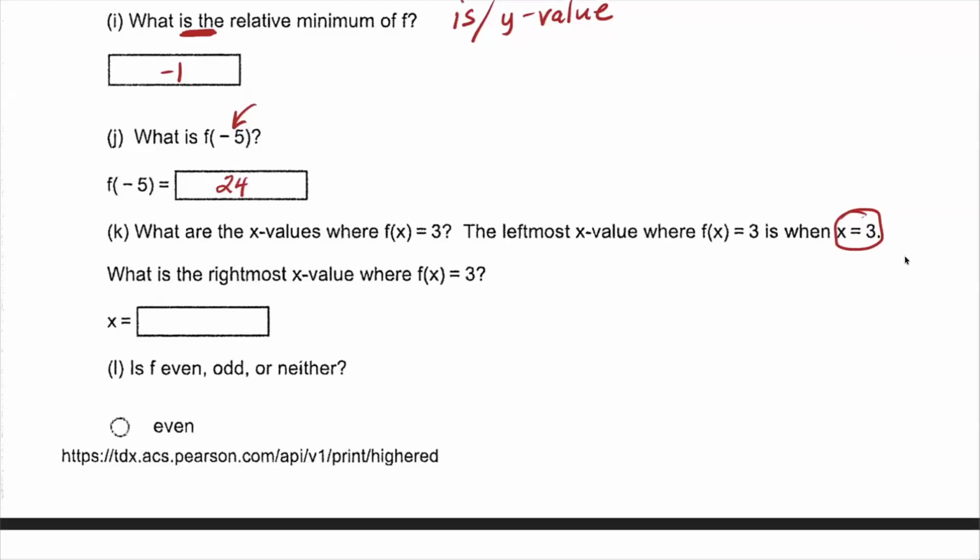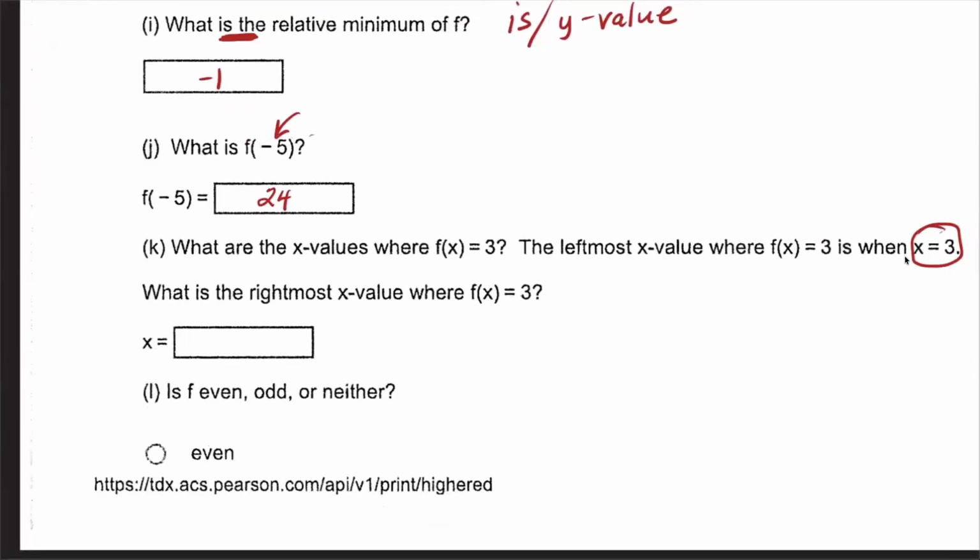In the previous part, in part J, they gave you the x value and asked you to find the y value. This time they're giving you the y value and they're asking for the x values. And you got to realize what this says. It says, what are the x values where f of x equals 3? F of x simply means y. When y equals 3, what is x? Or what are the values of x?